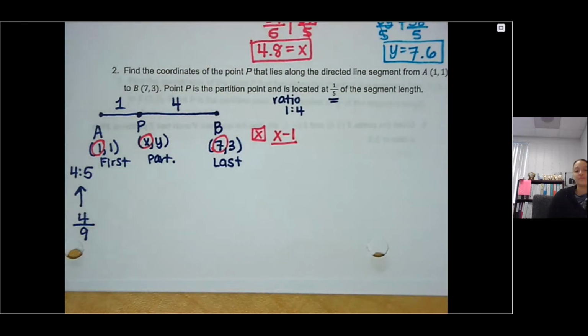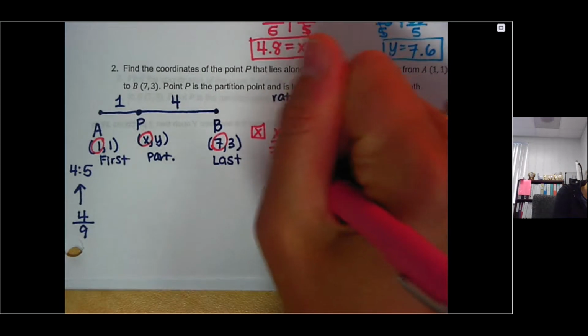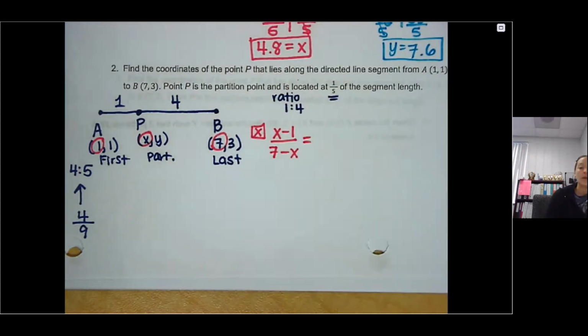Over last minus partition is what? 7 minus X. And then I set that equal to my ratio, which is what? Oh, careful.